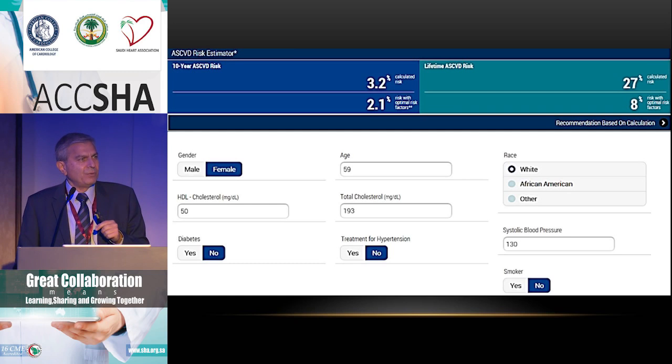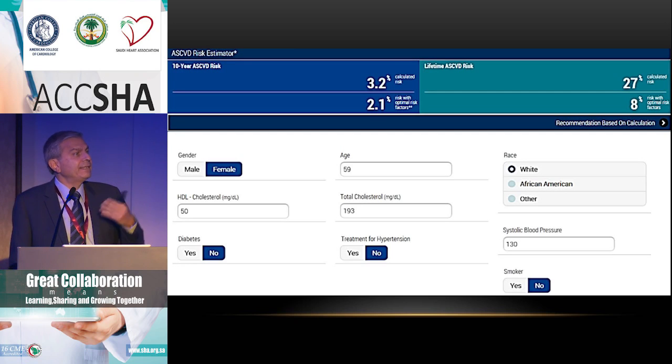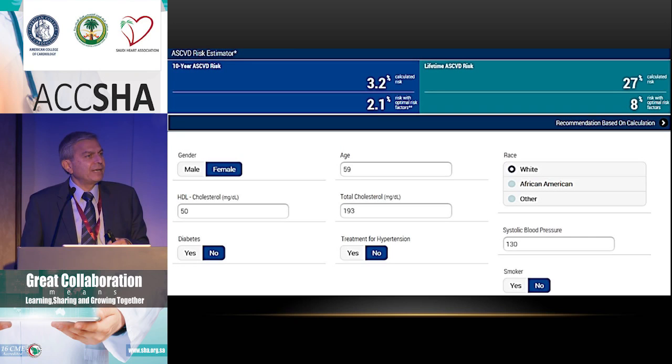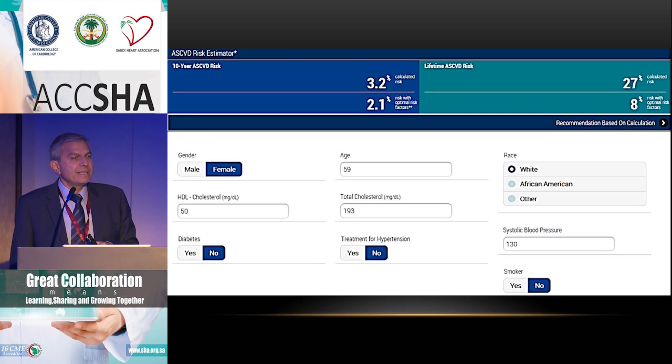And maybe Dr. Mallah will tell me later on if I did the right thing or not by ordering a calcium score. But I did, and the guidelines actually will allow you to do that. And the calcium score, he chose to do it 2 weeks later after I gave him the statin therapy. The calcium score was 0.